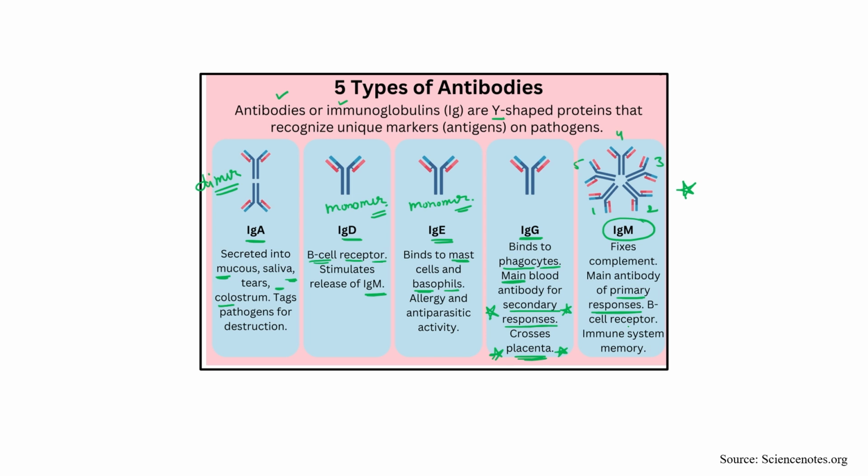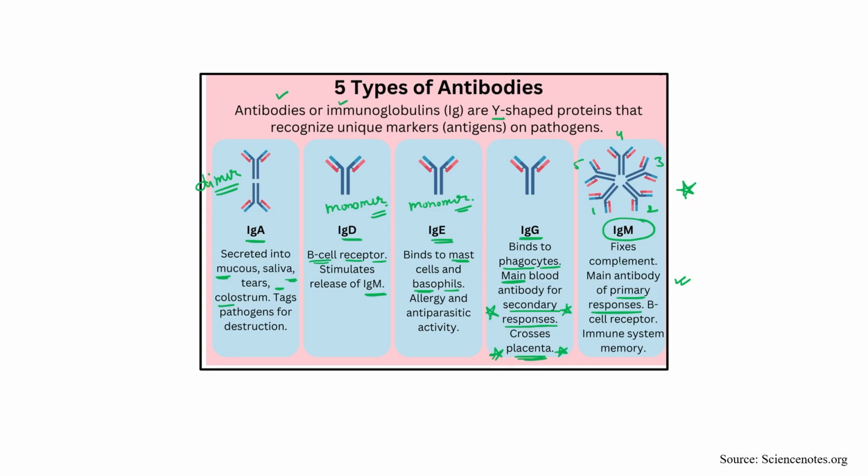Why is this the main antibody in the primary response when a pathogen attacks a particular animal or body? Because this one is present as a pentamer, right? So a single antibody is able to bind 5 antigens, or 10 small antigens.